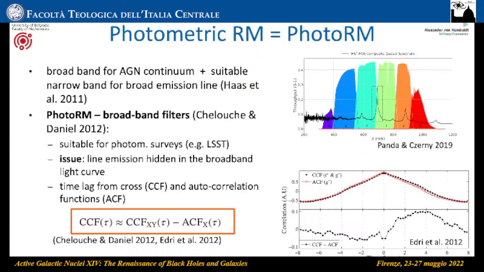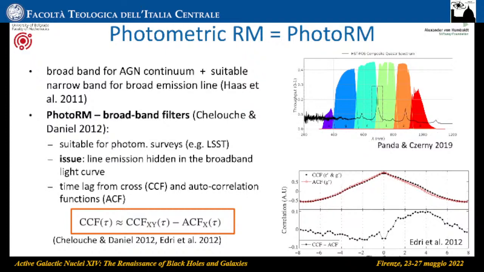Because we see here, this is one spectrum overplotted on the SDSS broadband filters, and you see that the line is basically immersed in this broadband flux. So you basically have to disentangle the continuum flux from the line flux by combining different filters.